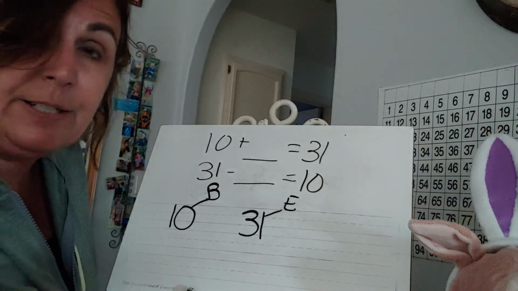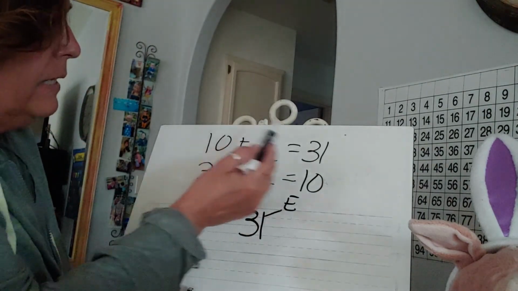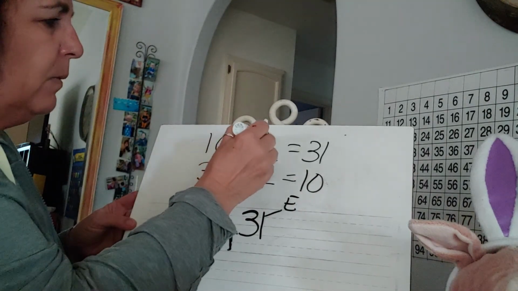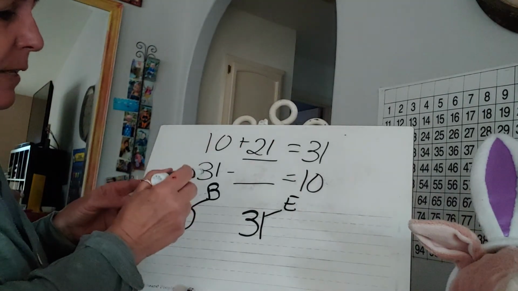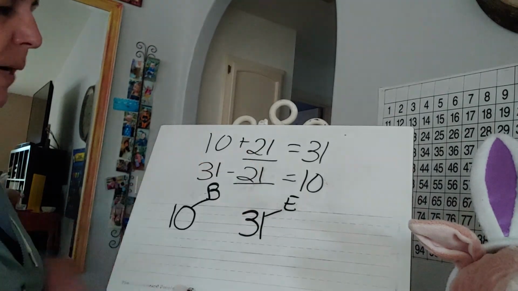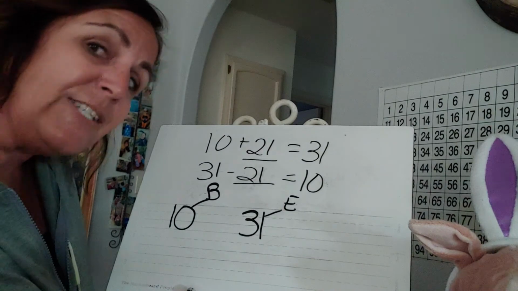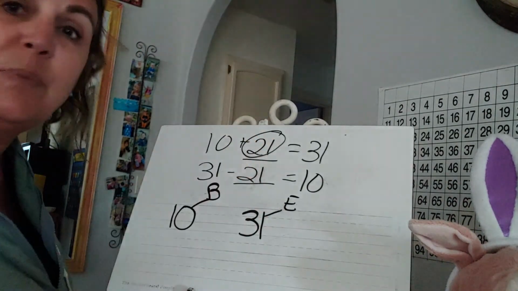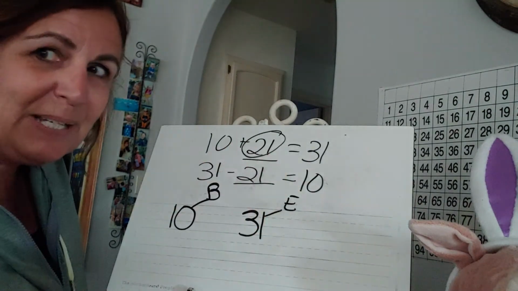Either way, we're going to figure it out. So if we count from 10 to 31, we would get 21. Or if we said 31 take away 10 is going to give us 21. So how many rocks did Carl collect during the day? He collected 21 rocks because now he has 31.